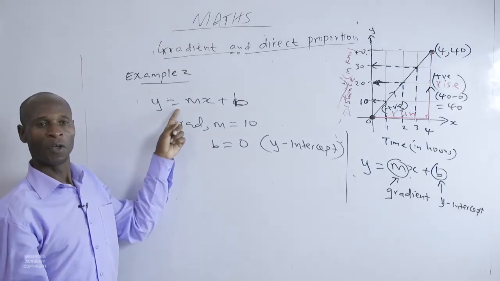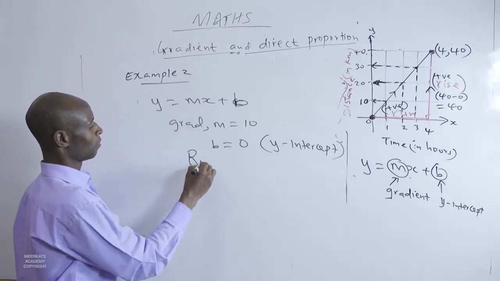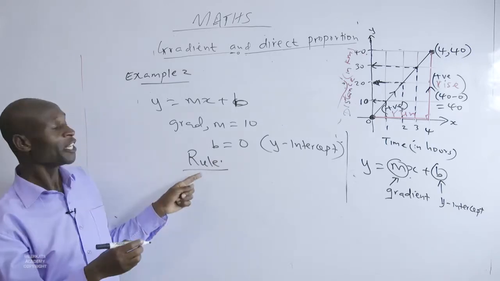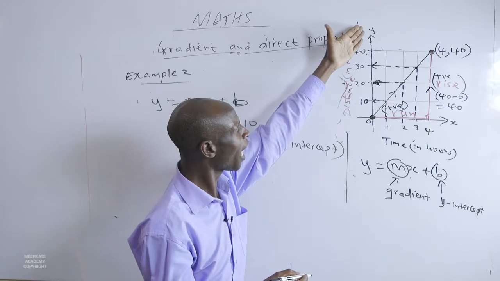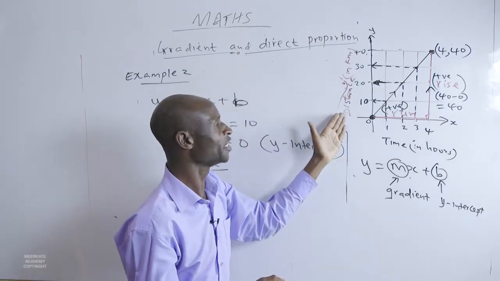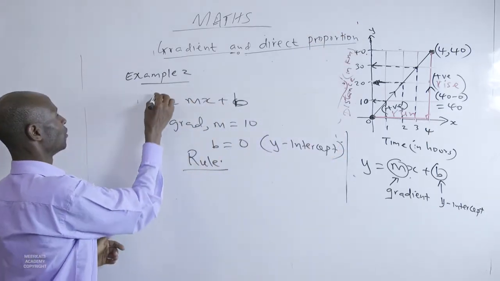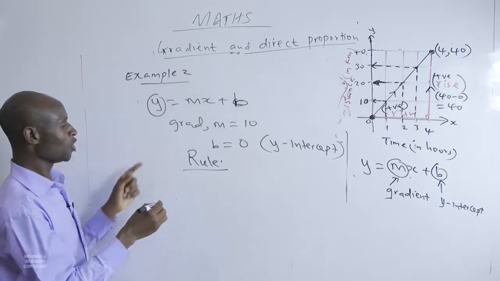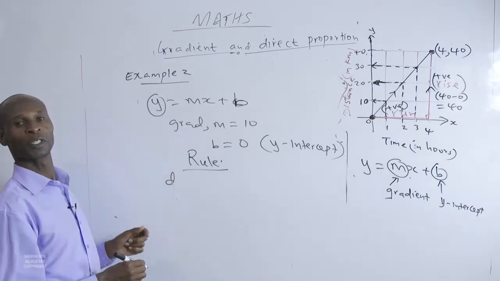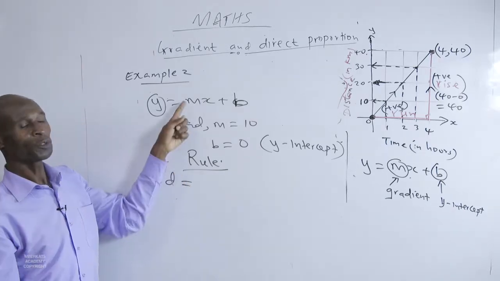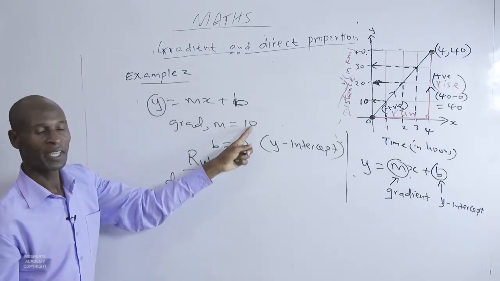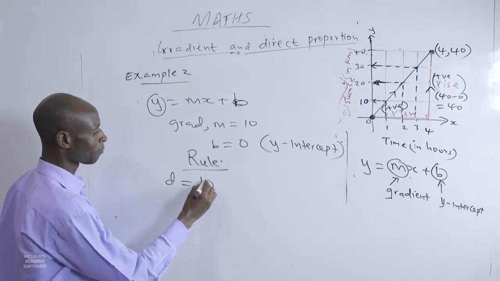And therefore, the rule can be obtained as follows. The quantity that we plotted along the y-axis was distance. So instead of y, we can use distance, d. D to represent distance is equal to m, the gradient, which is 10.